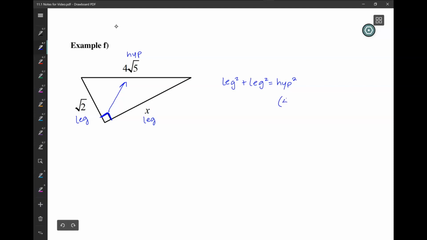It's got to be the 4 square roots of 5 squared that's by itself on one side of the equal sign. So I would probably usually put the x squared first, although it really doesn't matter. So x squared plus square root of 2 in parentheses squared equals 4 square roots of 5 squared.